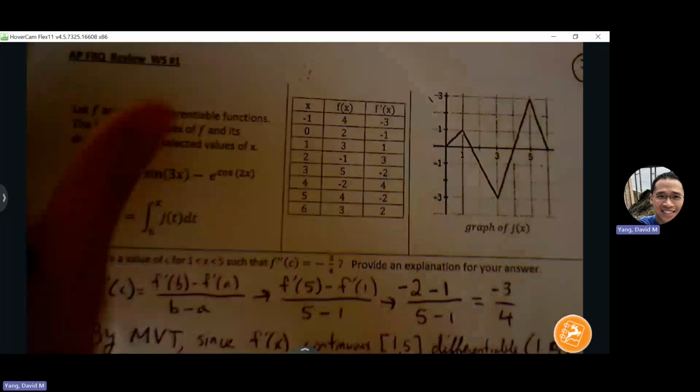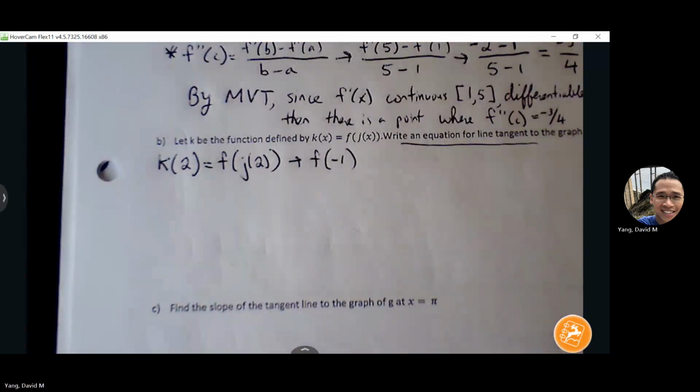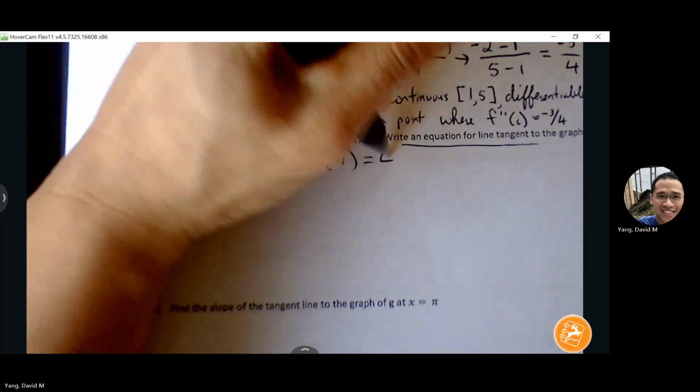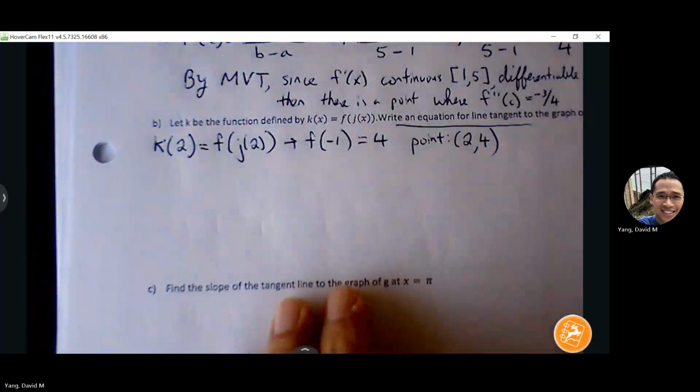Okay. So replace the j of 2 with -1. So that becomes f of -1. And what's f of -1? 4. Okay. So we have our ordered pair, 2, 4. Okay. So we'll come back to that when we need it.